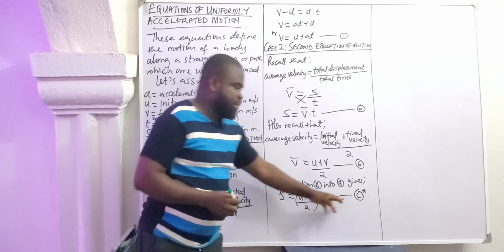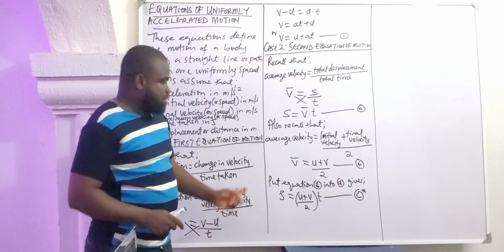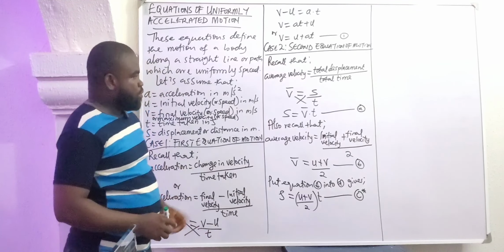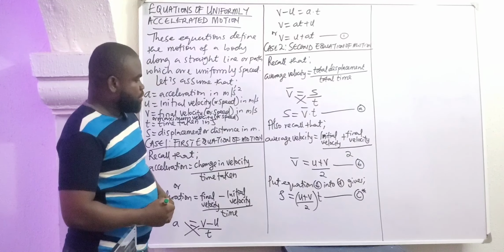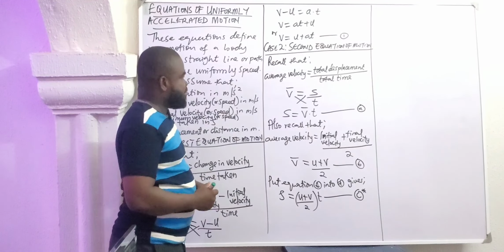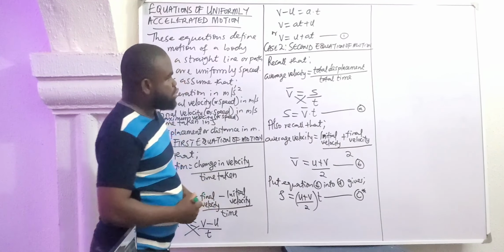This equation C star, we will actually refer to it as the fourth equation once we have concluded the second and the third equations. So we'll continue with our derivation for the second equation of motion.